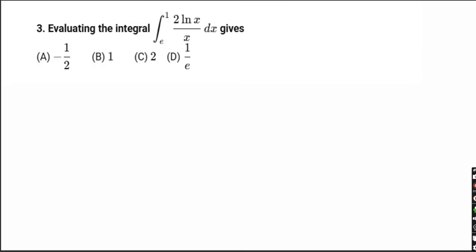The reason being that for both test 1 and test 2, you are not assessed on integration because it is the last topic. So you expect a lot of questions to come during the exam. That's why I'm going to first focus on integration, and after that we'll be preparing again with the other courses.